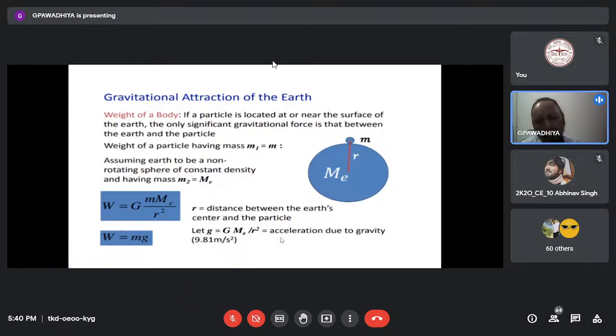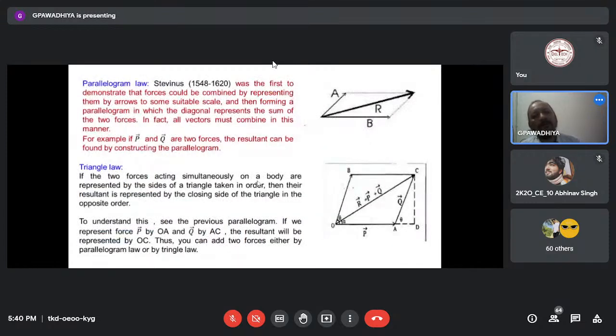So this is a very important requirement to define the body weight. We'll study a bit more on gravitational forces and distributed forces a little later, in some other units probably. So these four laws are the building blocks of our study of mechanics.